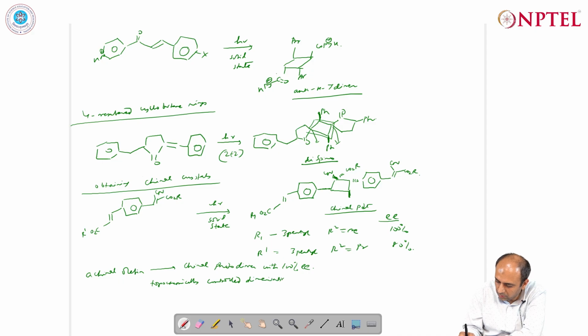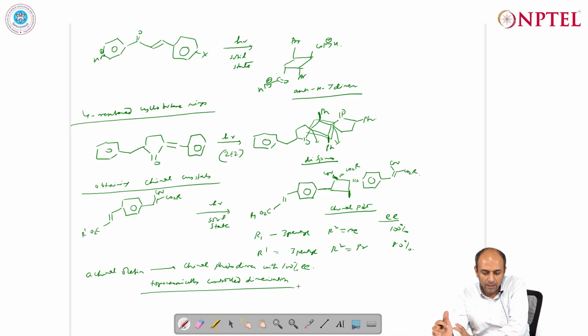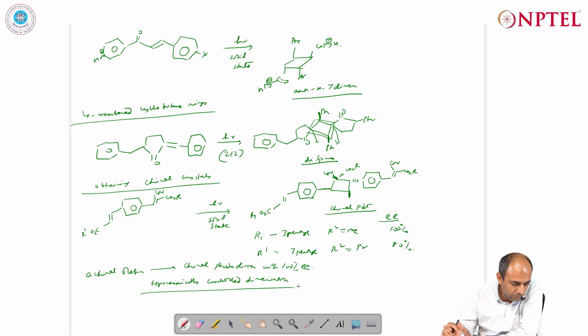The topochemical control is so useful that we are able to achieve chiral products from an achiral olefin. And when the crystal structure was determined, it was observed that it crystallizes in a chiral space group, which is a proof of the existence of chirality.